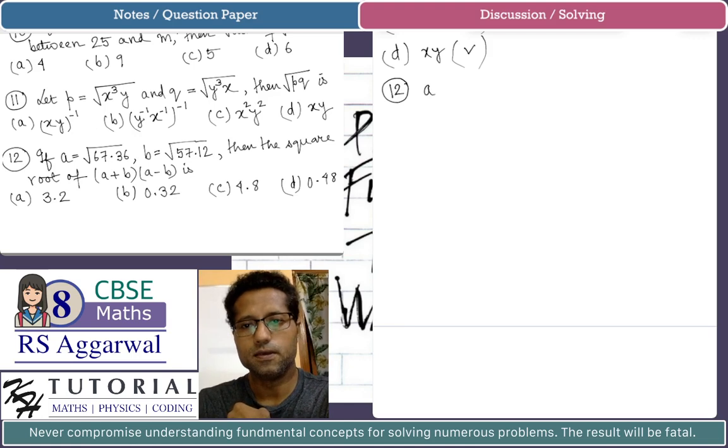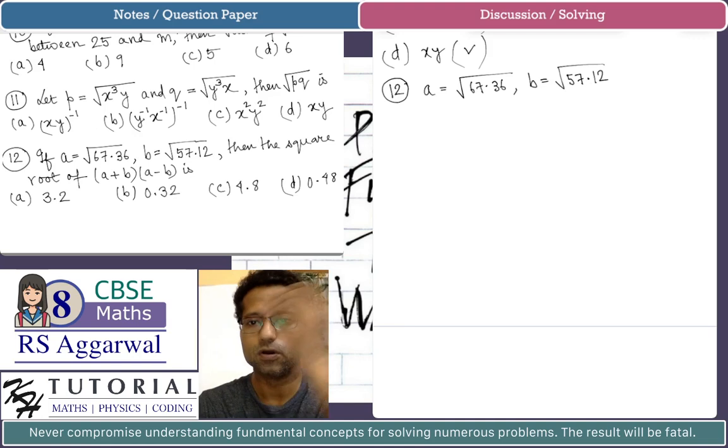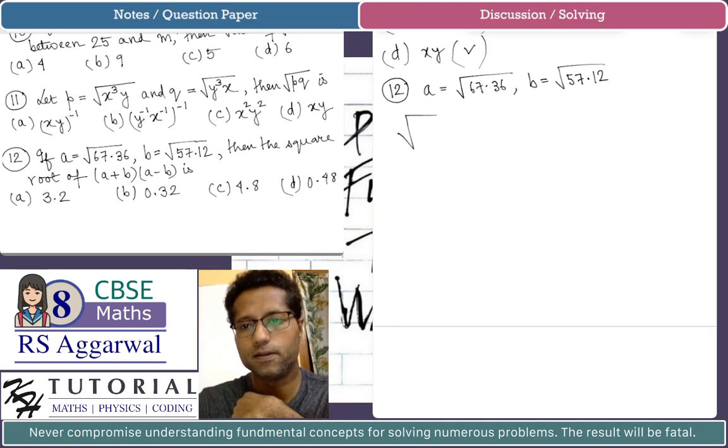So A is given as square root of 67.36 and B is given to be square root of 57.12. Now we have to find the square root of A plus B multiplied by A minus B.